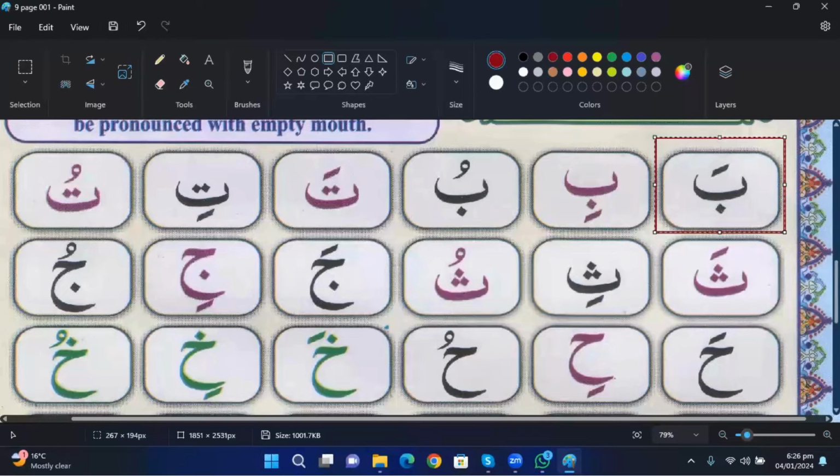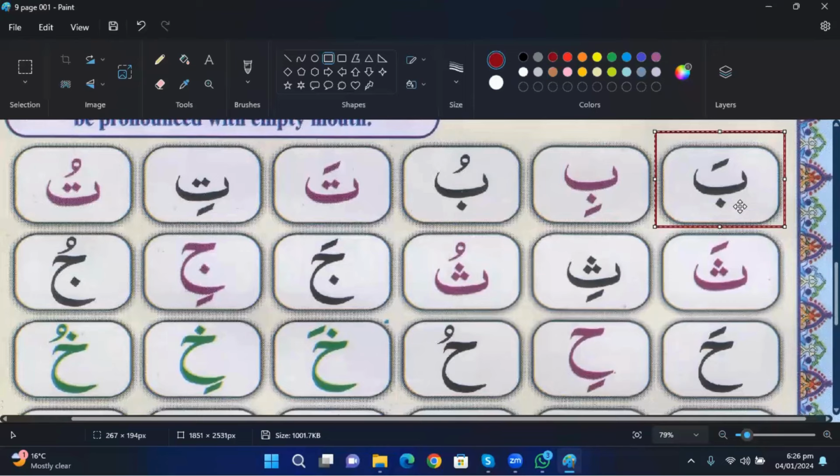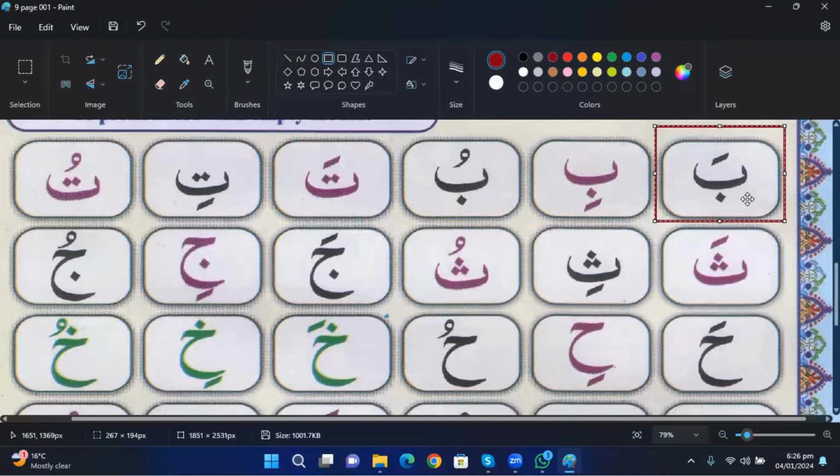Then with kids, you can practice first only with the letters that have fatha over them, like ba fatha ba, sa fatha sa, ha fatha ha. While we say fatha, at the end of fatha there always comes a sound, like ba fatha ba, sa fatha sa, and ha fatha ha.